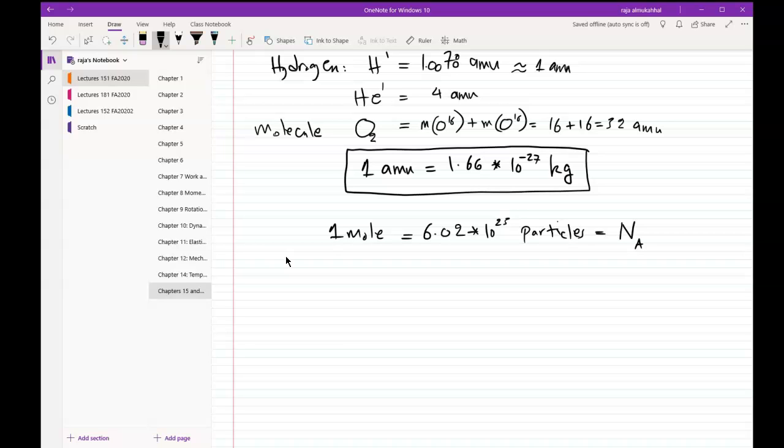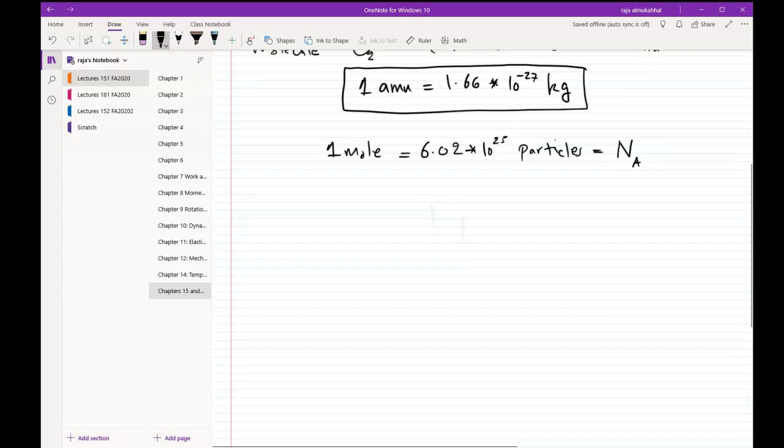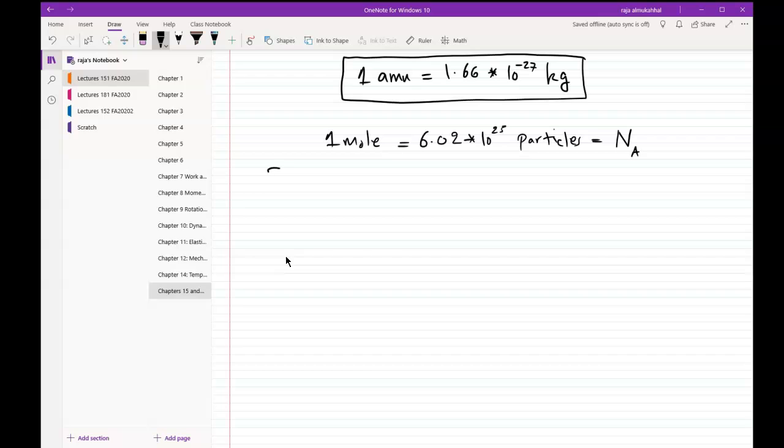So let me give you a quick example to show you how all this works. Let's say I have a mass of 100 gram of oxygen gas, okay?